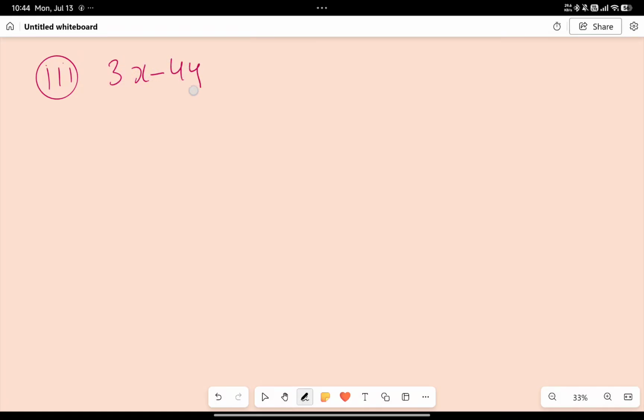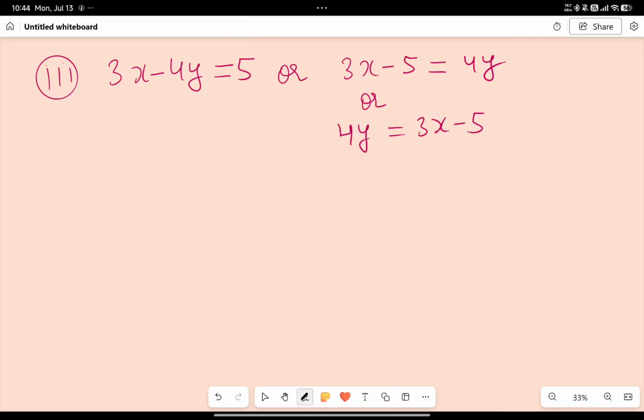3x minus 4y equal to 5. Now you can write it the other way: 3x minus 5 equal to 4y, so 4y equal to 3x minus 5. Again the same problem, so I will not skip the step, because you will say, sir, you have done it directly. I never do anything directly. I take steps.